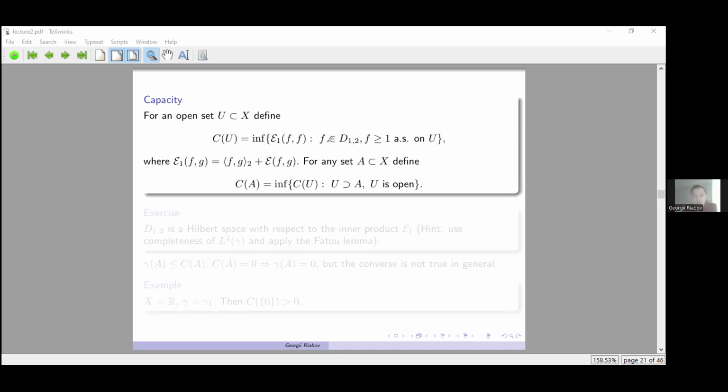Then let's consider all functions f from the space D that are greater or equal to 1 almost surely on the set U. And for each such function, we can compute this thing, which is E_1, it is equal to the sum of E(f,f) and the integral of f squared, where E(f,f), as we said, is like an abstract analog of some kind of derivative of f squared.